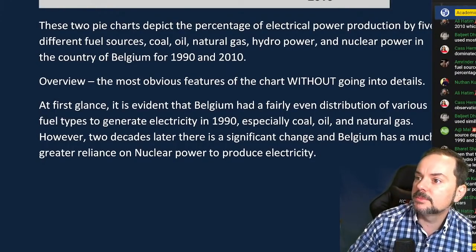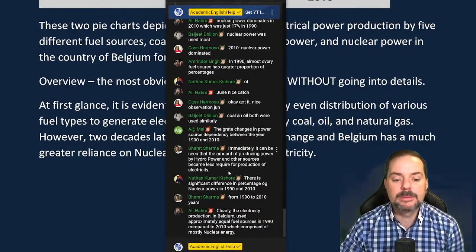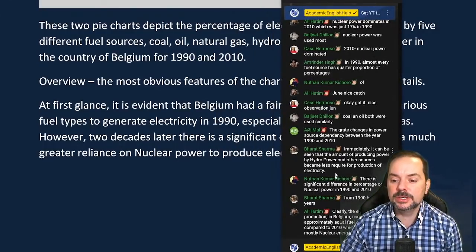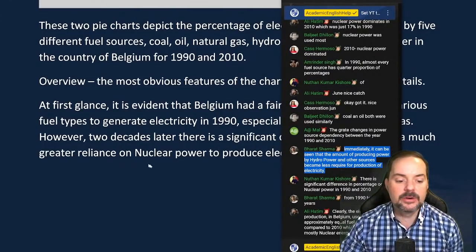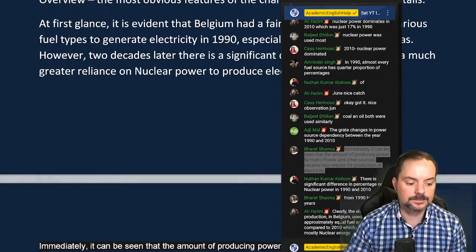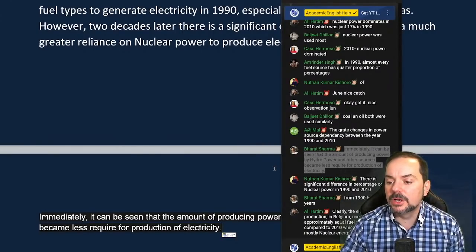All right. Let's see what some of our members have come up with. Okay. So here are our members. Our members are giving their own interpretation, and that's what we're doing here. And here's Bakrat. So Bakrat says, immediately it can be seen that the amount of producing power by hydropower and other sources became less required for production of electricity.